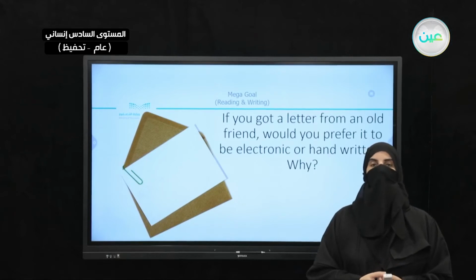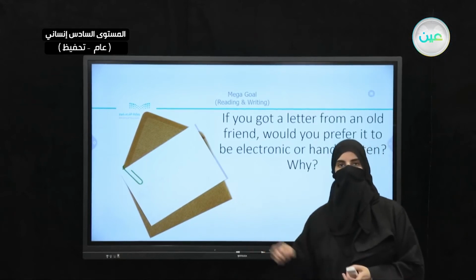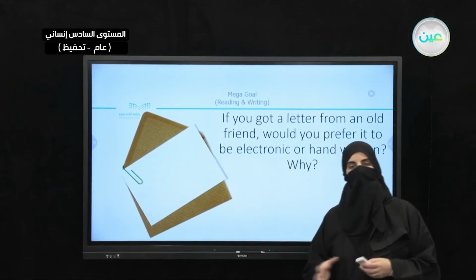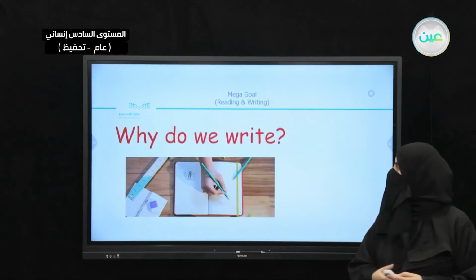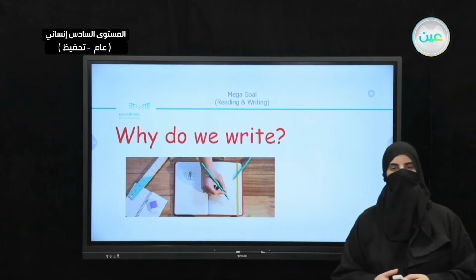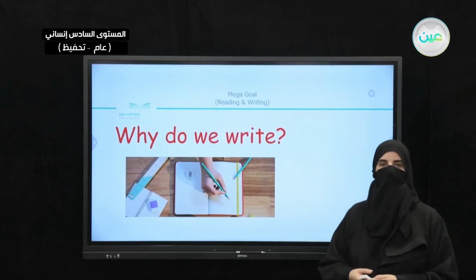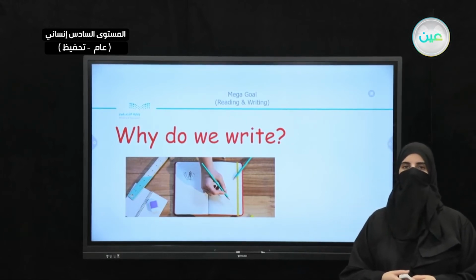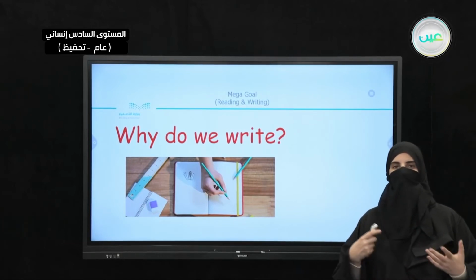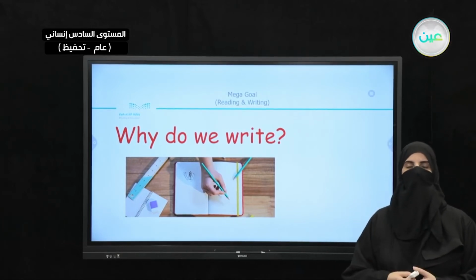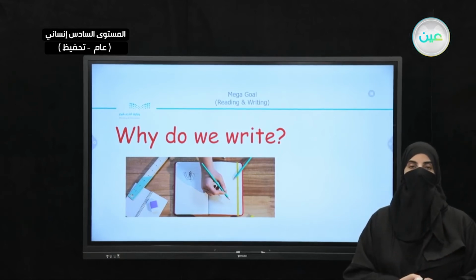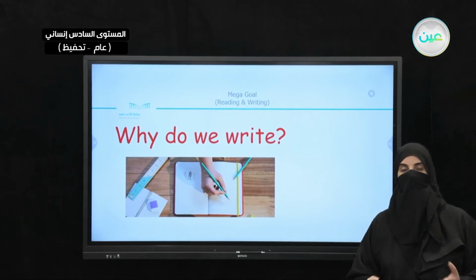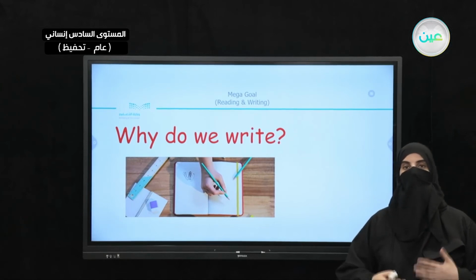But basically here we are talking about writing a letter, which takes us from our reading part to the writing part. Why do we write? A lot of students feel that writing is quite a difficult task. They think that it needs a lot of concentration, a lot of work, a lot of effort.